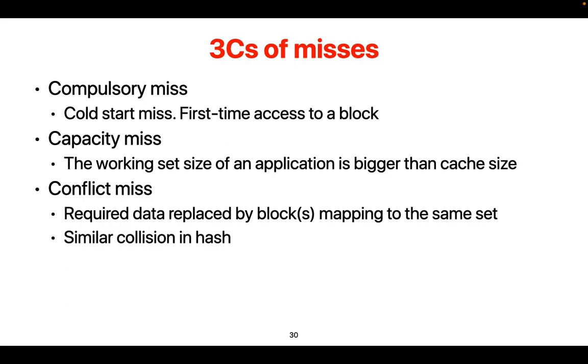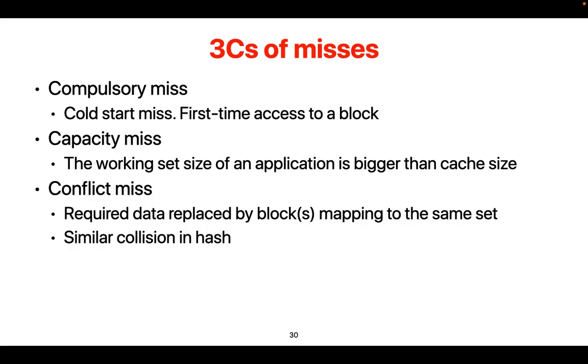The third type is probably the most frequently seen miss. It's called conflict miss. It happens when the data block that I am looking for was previously in the cache, but it was lost for some reason.